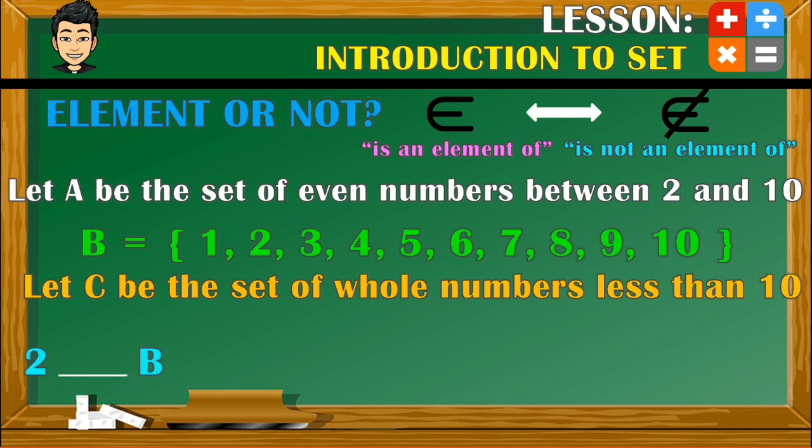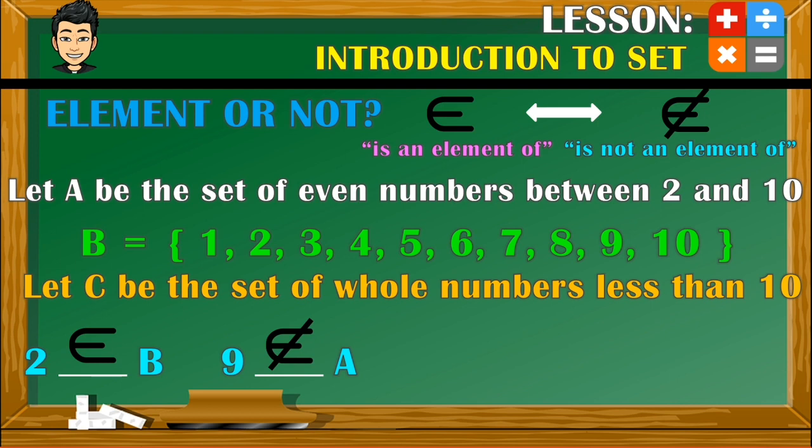Now, is 2 an element of set B or not? Obviously, it is. Therefore, we write the symbol for element. How about this one? Is 9 an element of set A? 9 is not an even number even though it is in between 2 and 10.